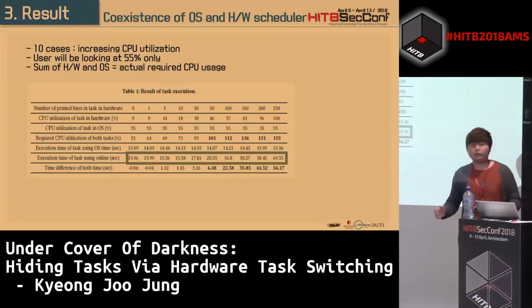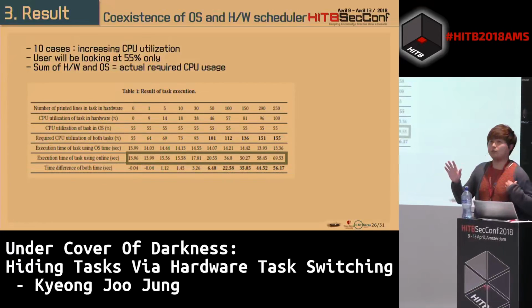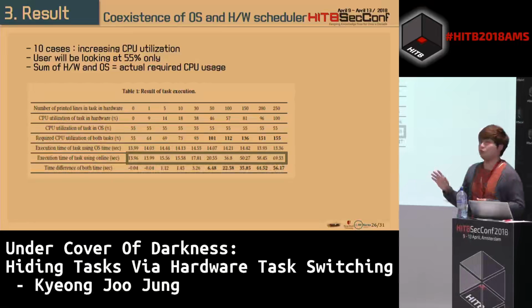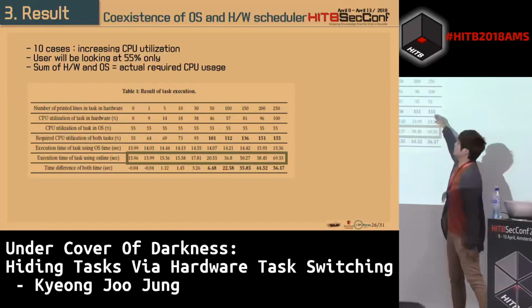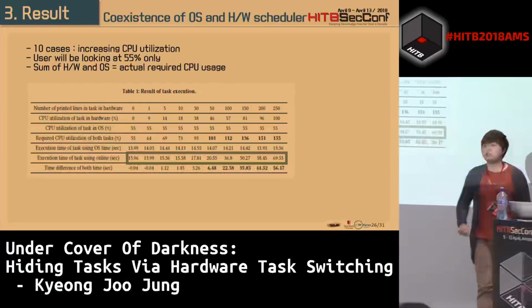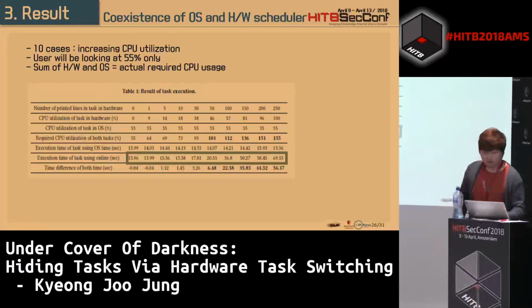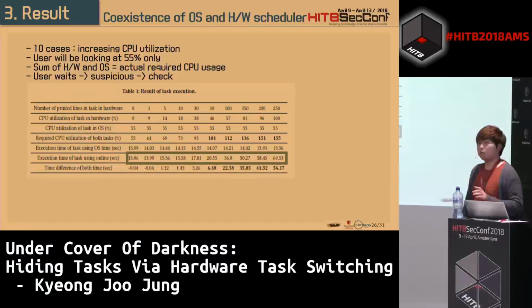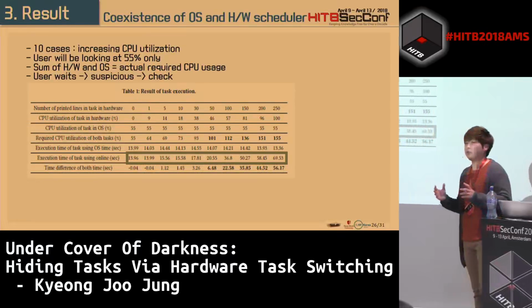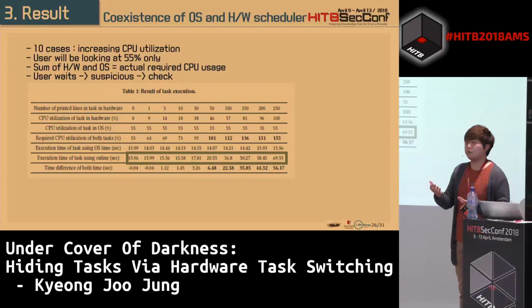So this means the user has to wait that long with only 55% of CPU usage, because maybe the required CPU utilization is above 100%. And if the user waits, the user will think that the computer is suspicious because it's becoming so slow, even though they are using only the 55% task.